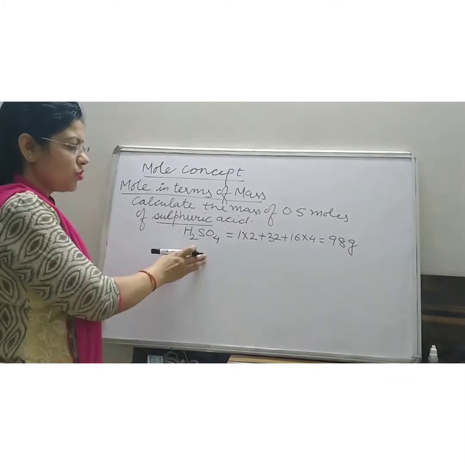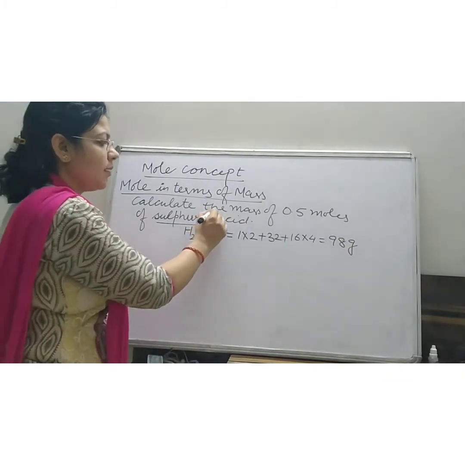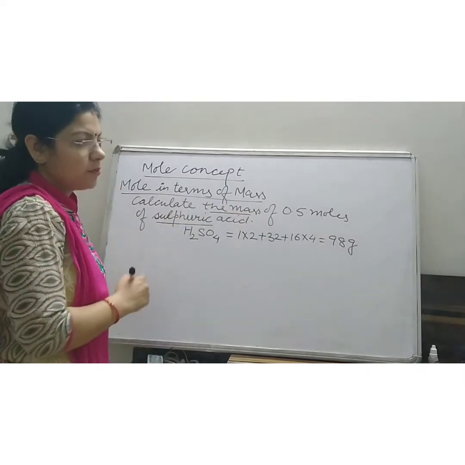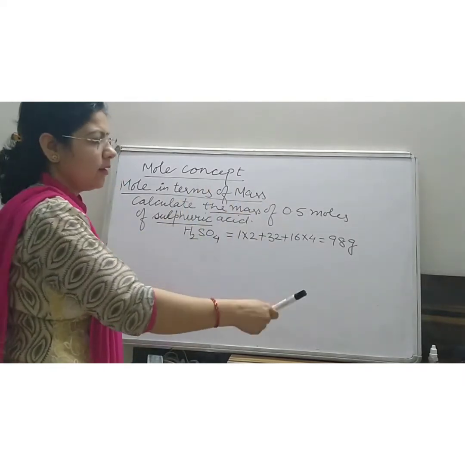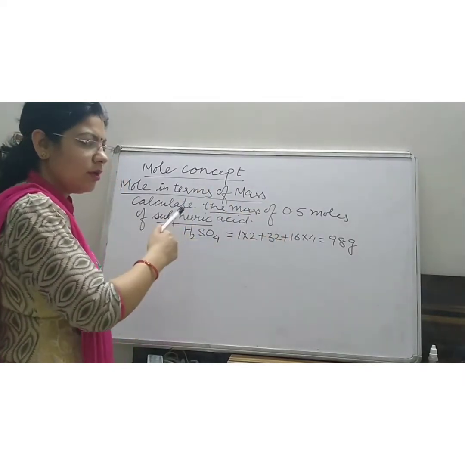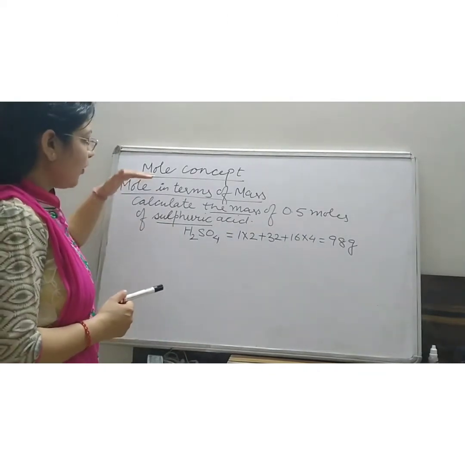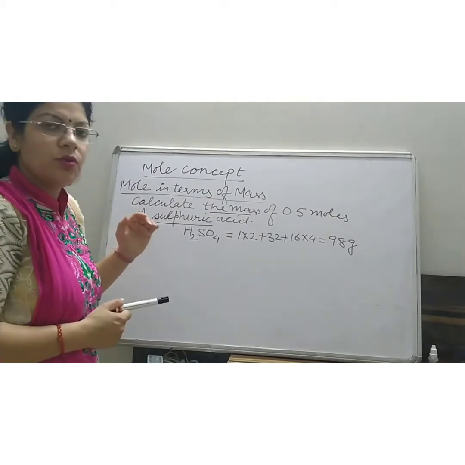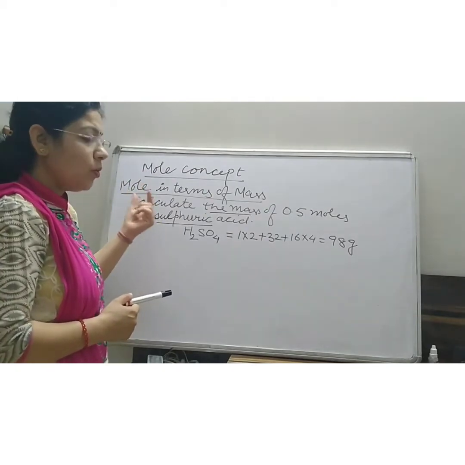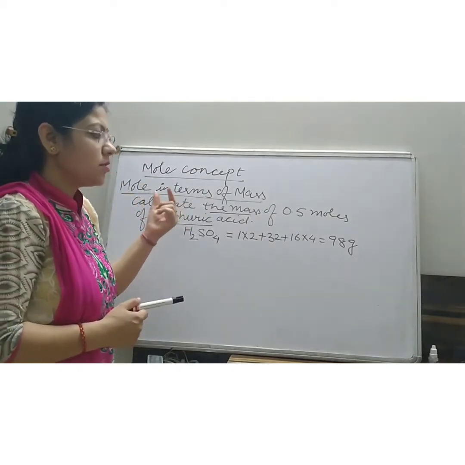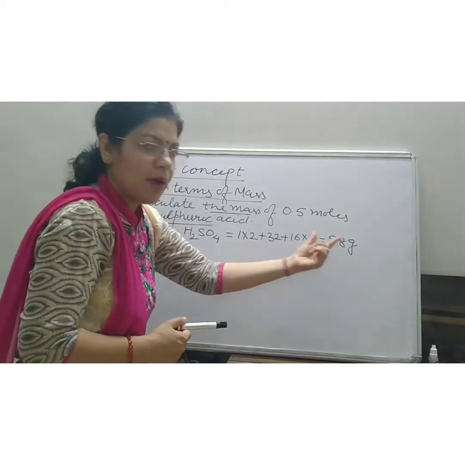Now, in this question, we have to calculate the mass, so we put mass on the right side and number of moles on the left side. According to the definition of mole, 1 mole of the substance is equal to its molecular mass.